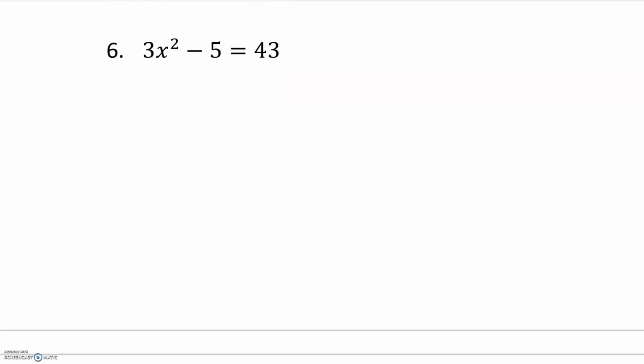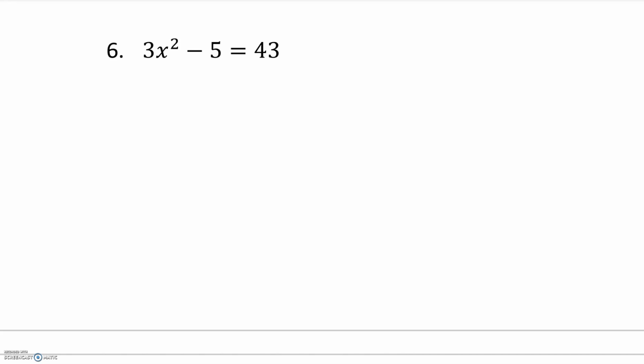Number 6 looks a little bit more difficult, but it's really not. It's pretty much the same. So I need to get something squared by itself. Well, I have a 3 over here. I also have a 5. The 3 is being multiplied by x squared. The 5 is being subtracted.